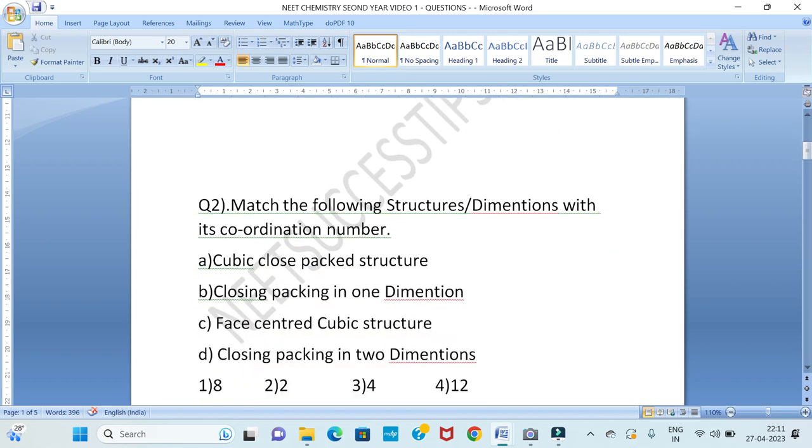The second question. Match the following structures or dimensions with their coordination number.